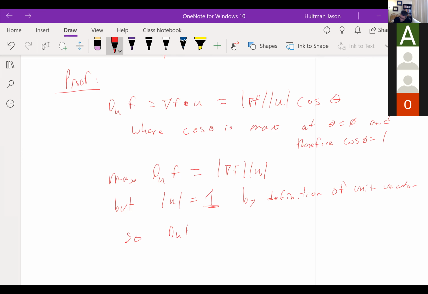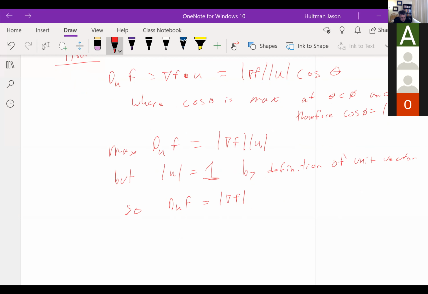So D_u f, the directional derivative of f, is equal to the magnitude of the gradient when D_u f is a maximum. Oh, okay.